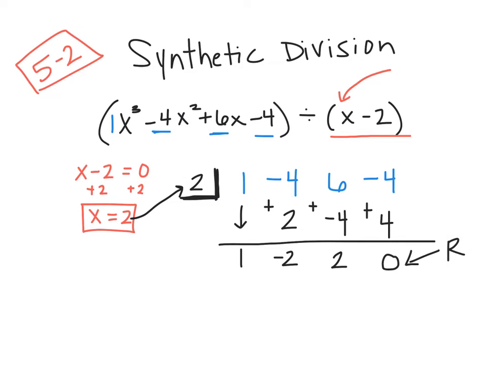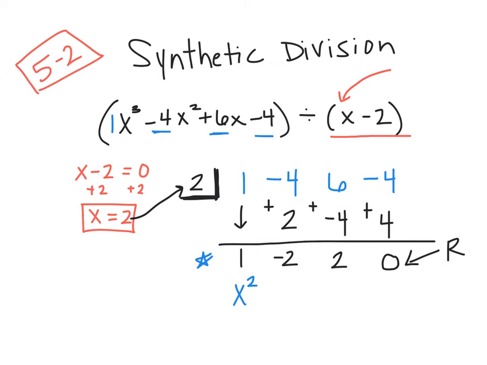So the question is, what is our answer after doing all of this? Well, these are the coefficients of your answer. If we started up here with a 3, when we divide, then we end up with a degree of 2. So this would be 1x squared.